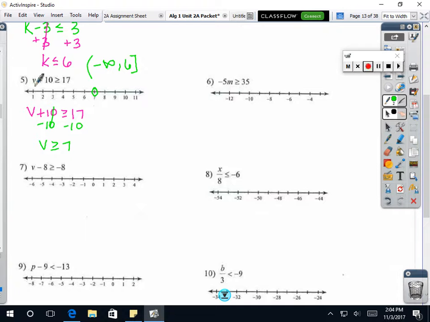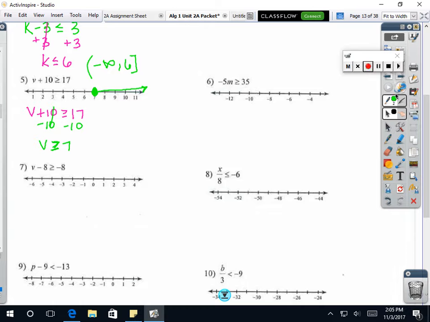Since 7 actually works in the inequality, you do a closed circle. The easiest way to know whether it's closed is if there's an equal to bar, it's a closed circle. Then it's everything greater than 7, which would be which numbers? 8, 9, 10, 11, right? So you draw your arrow this way forever.